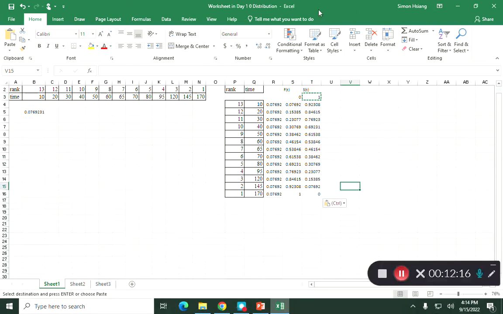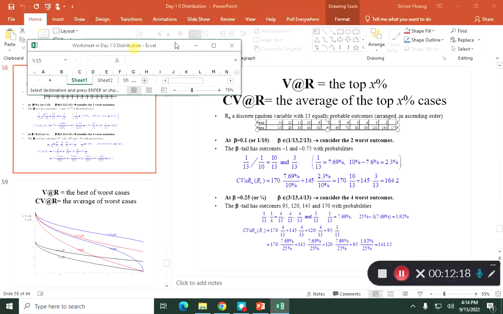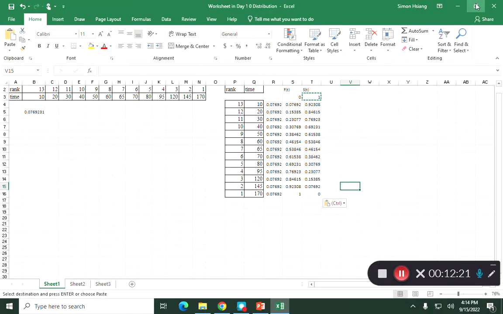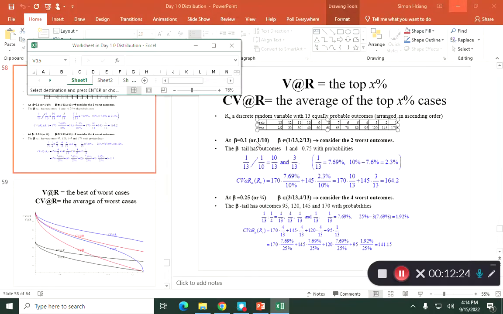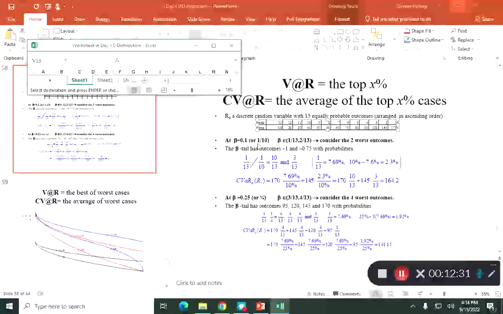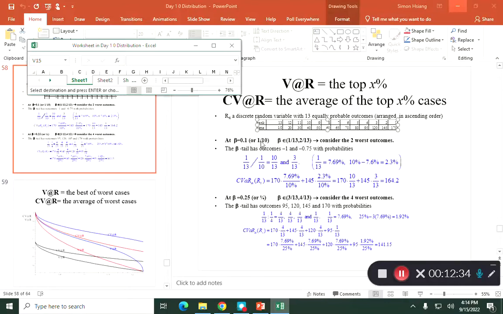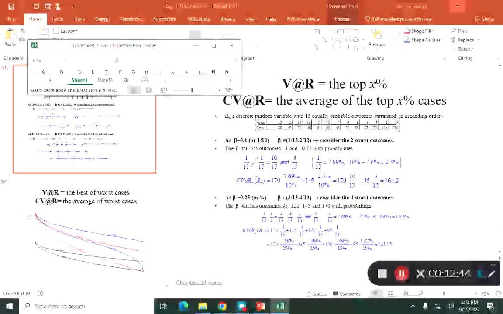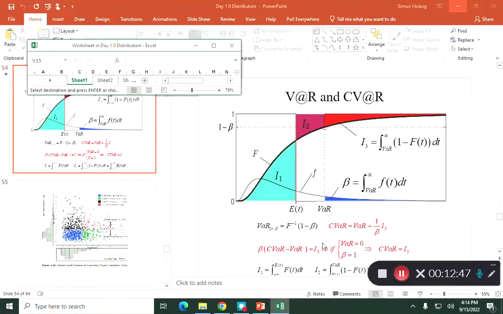So if I do this, then I'll say, hey, how about this? I set your beta level at 0.1 or 10%. Why do I set it 10%? Would you agree with me, if you have a distribution and you set up your beta level, it's like you set up your VaR.